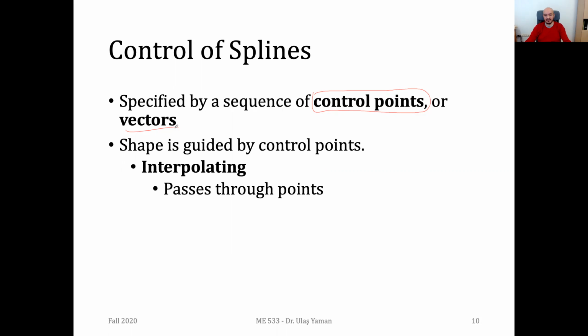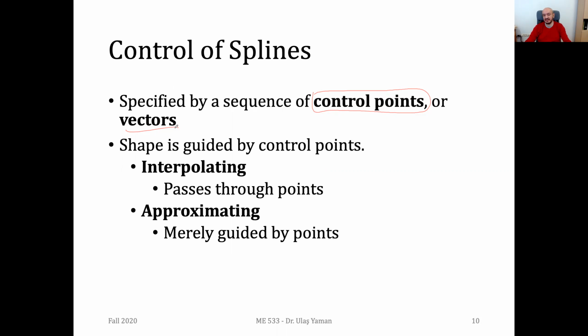And we may have interpolating type of splines or approximating type of splines. In the interpolating type, as you will see in some examples, the resulting spline should be going through the control points. So if that is your control point and it's an interpolating spline, then your spline should be moving to your control points.